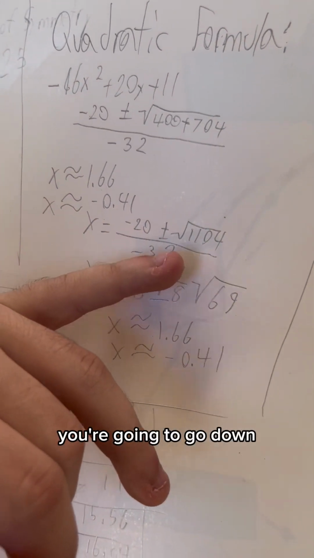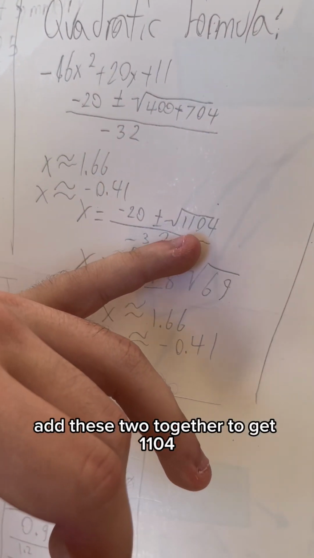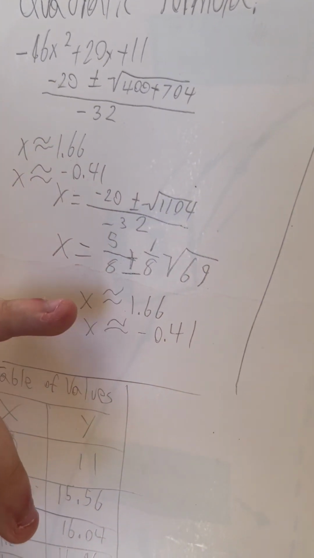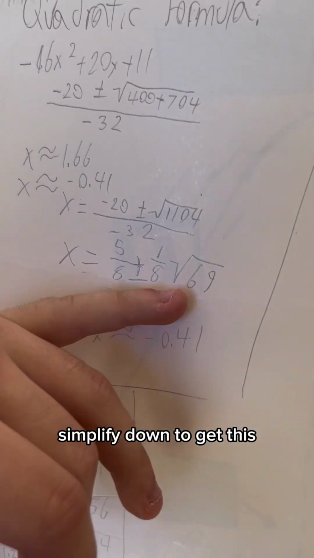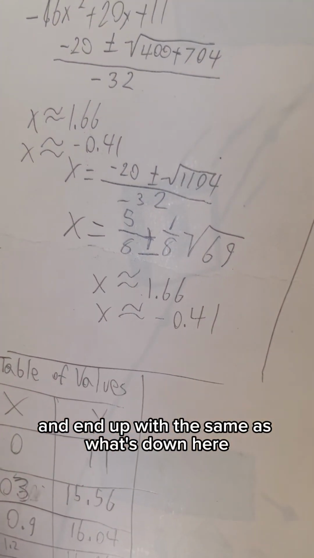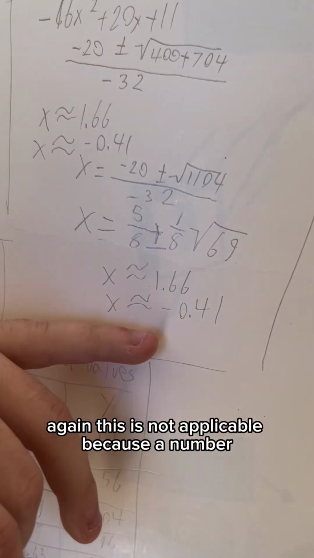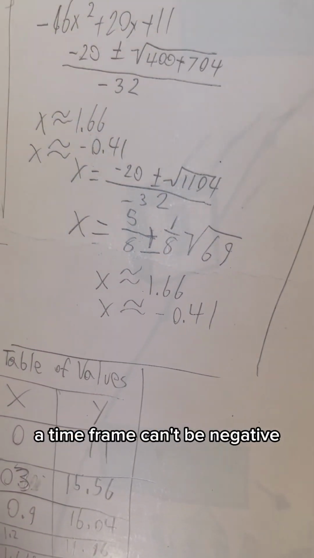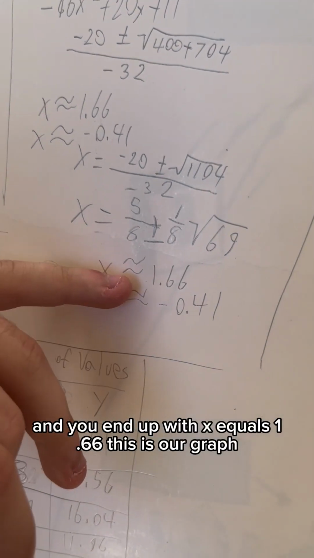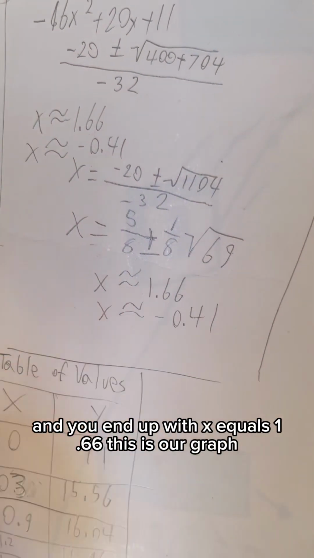You're going to go down, add these two together to get 1104, then simplify down to get this and end up with the same as what's down here. Again, this is not applicable because a time frame can't be negative, and you end up with x equals 1.66.